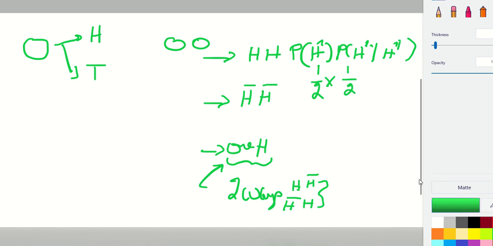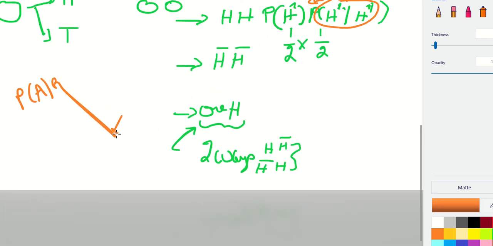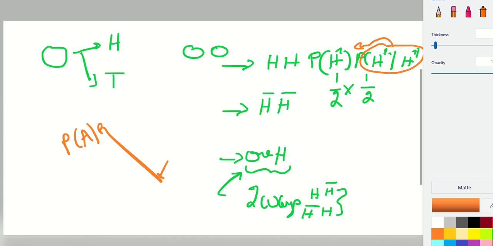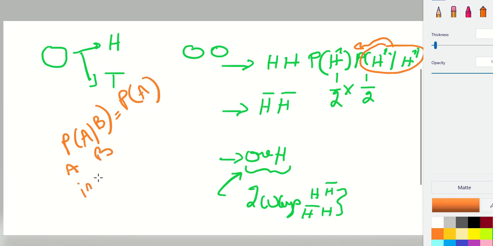Okay, so in that scenario, when this probability is exactly the same as this probability, that is when we say the probability of A given B equals the probability of A. That means A and B are independent, which means the first toss and the second toss are independent.